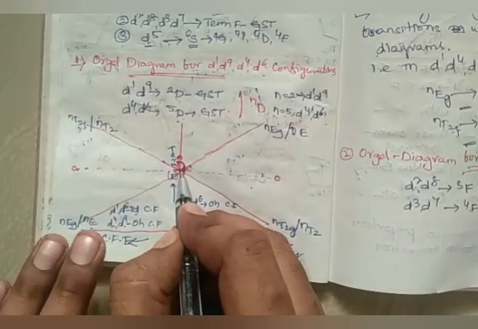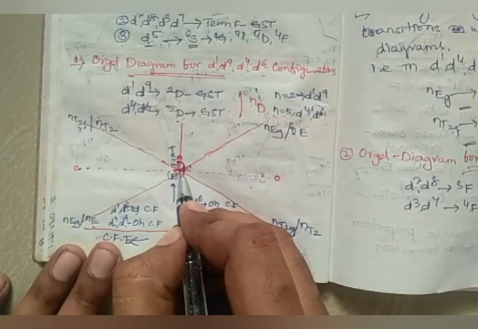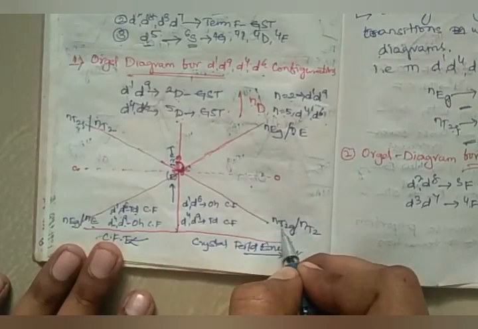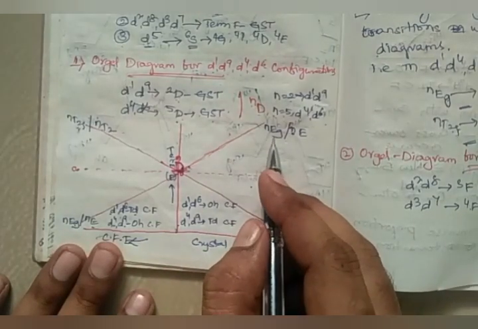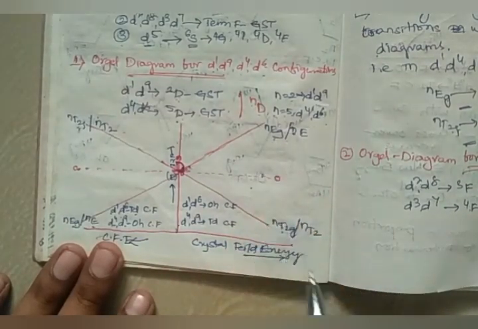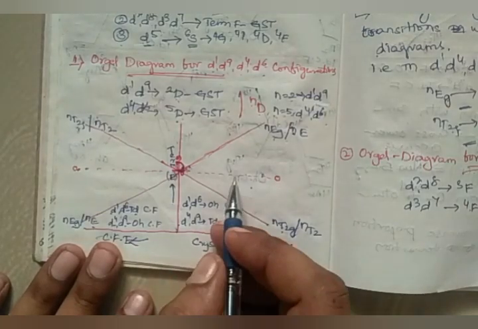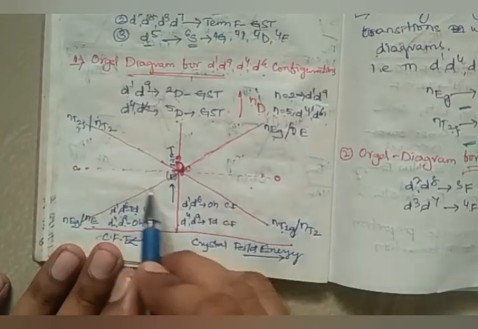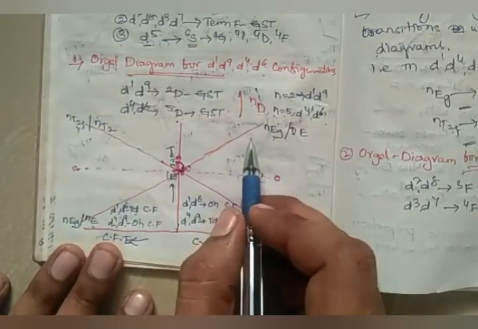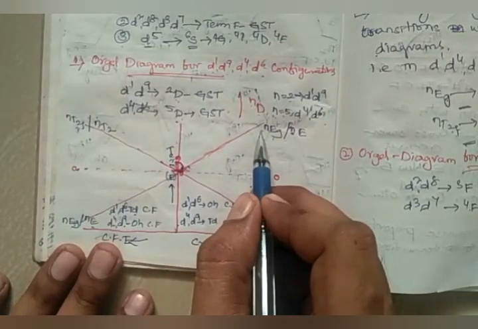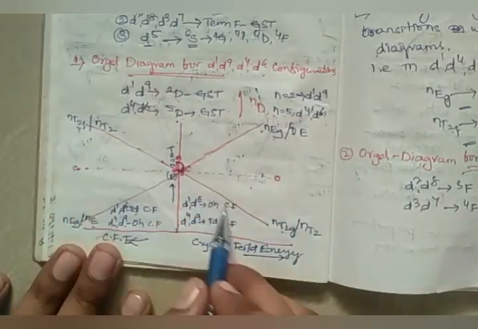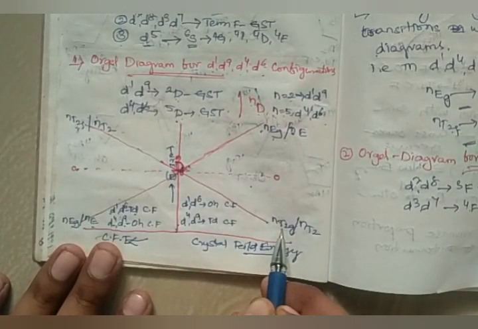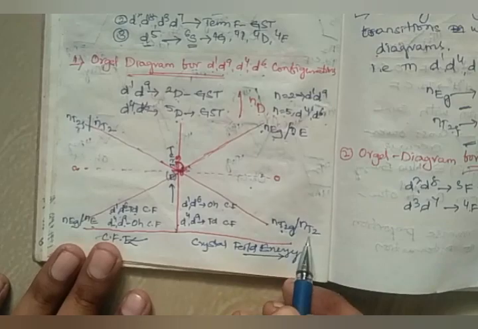In this, the D term, upon splitting, we know that it has T2g energy level and Eg energy level. And when it comes to the picture of this, it is showing two lines, one indicating the energy of Eg state. The other line is indicating the T2g energy state, or T2 energy state.